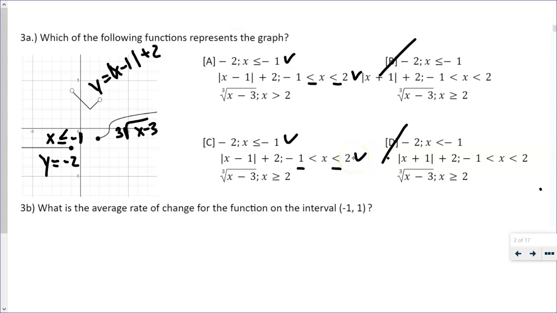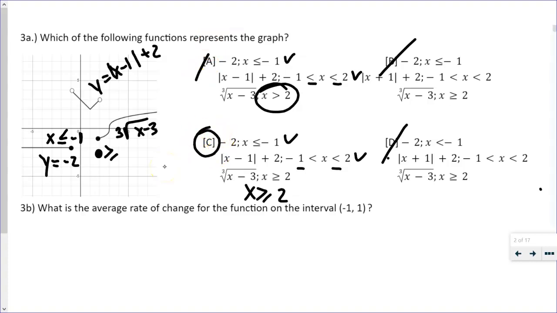Let's look at our cube root function. Our cube root function has a closed circle right here, and it's either going to be greater than or less than or equal to. Of course, the function is to the right of my circle. So it's going to be x greater than 2. All right, so right here, we don't have an equal sign, so A is also not an answer.